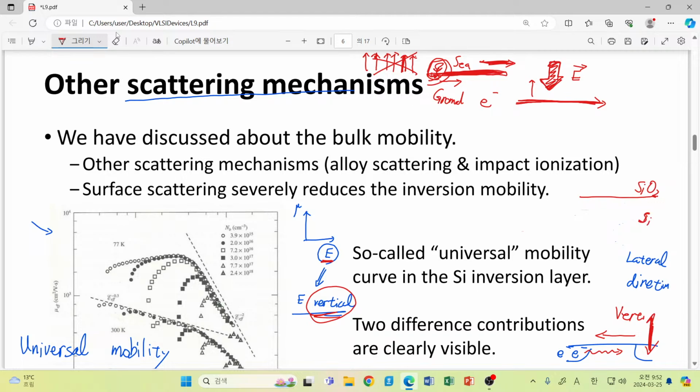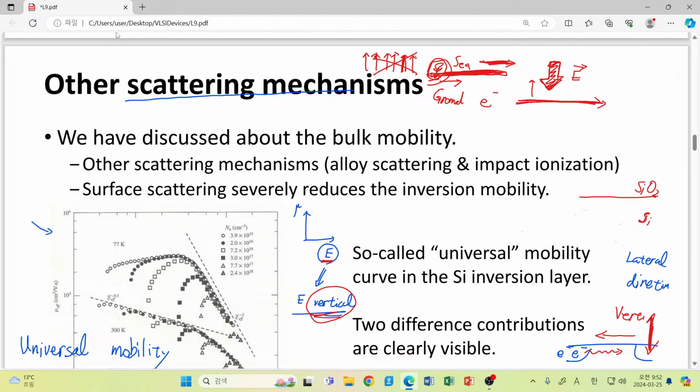The basic mechanism to get the electric channel is to apply a really strong electric field. Our electrons are originally located here, but they were pushed into this silicon dioxide silicon interface.